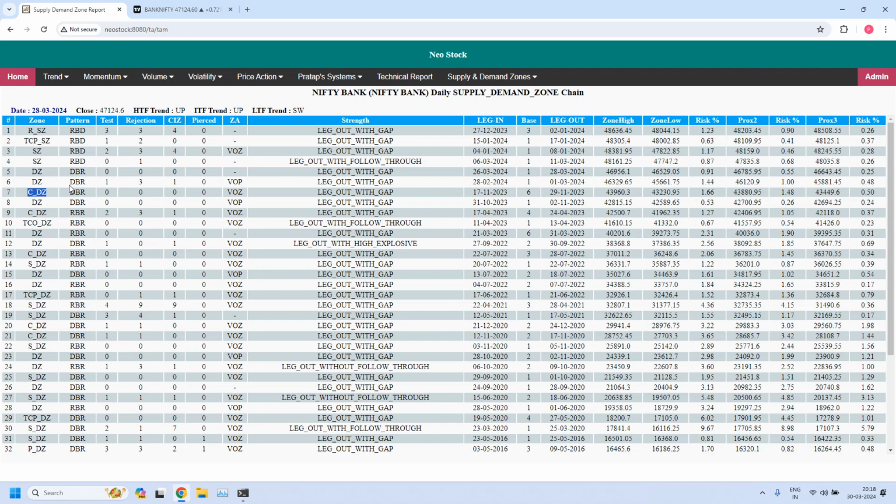So the immediately available supply zone is item number 4. This is the most recent daily supply zone. Let's draw this daily supply zone. This is not a high liquidity zone, this is a normal supply zone. So when it is created, 6th March 2024 and 11th March, we have a leg out, one base candle.